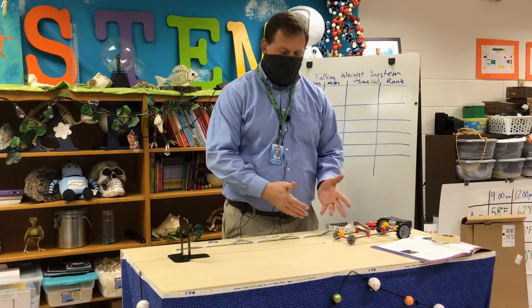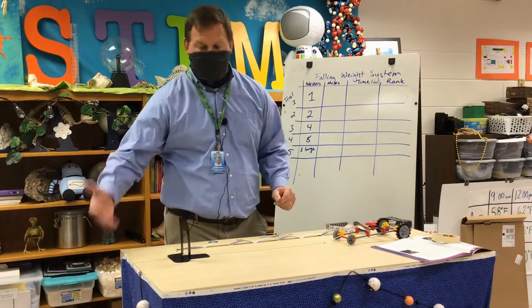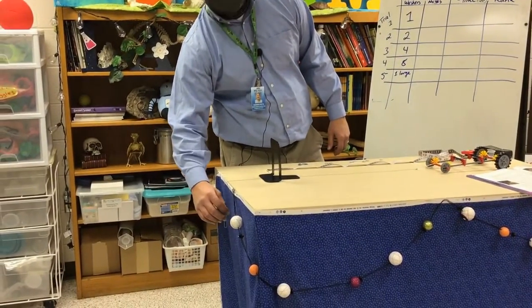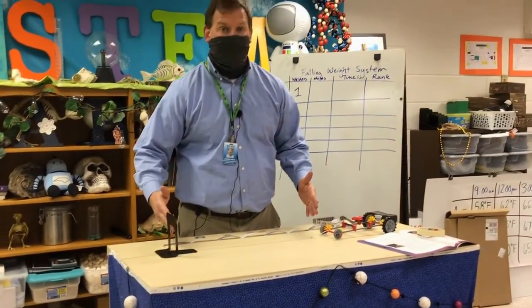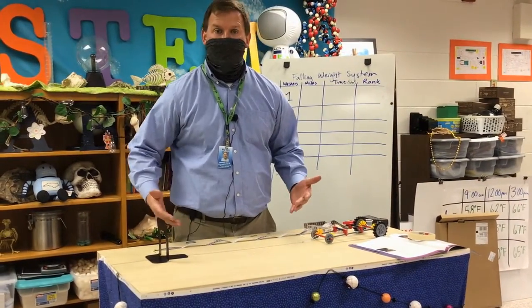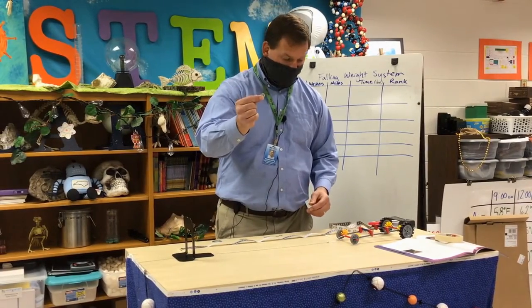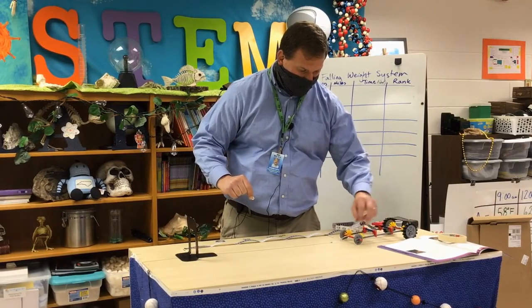And so we're going to observe our standard car being pulled with the hook that's laying over the side of our table. And it's going to stop when it hits the bookend. And so we're going to see what happens when we add one weight to our falling weight system. So here's our one washer. And I'm going to go ahead and put it on the hook.